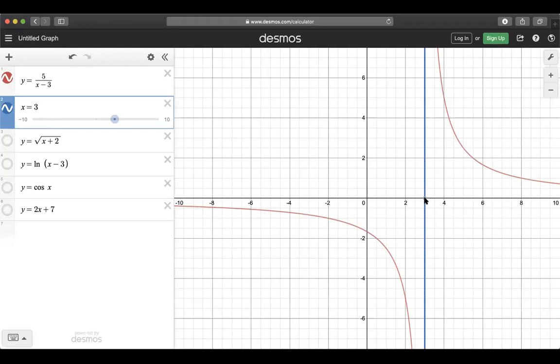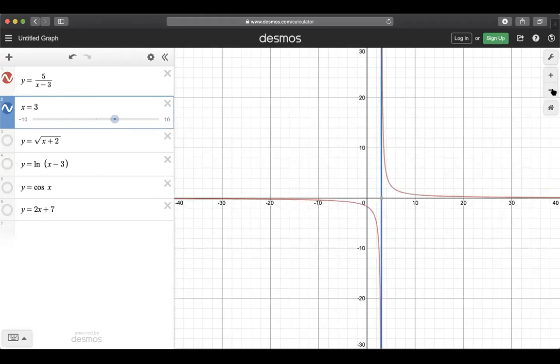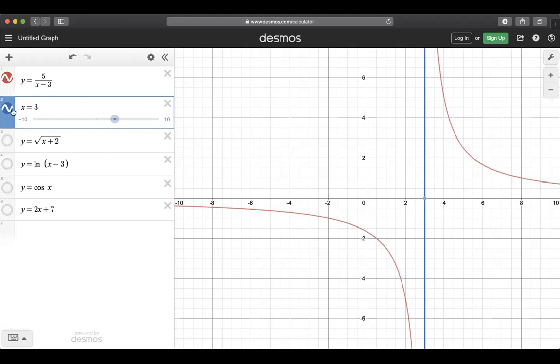If we look at the y values, we have pretty much all of the y values except for when y is equal to 0. So if we zoom out, we can see that.